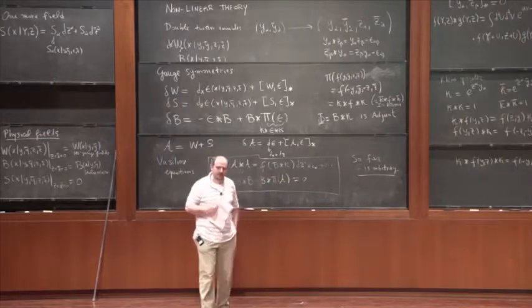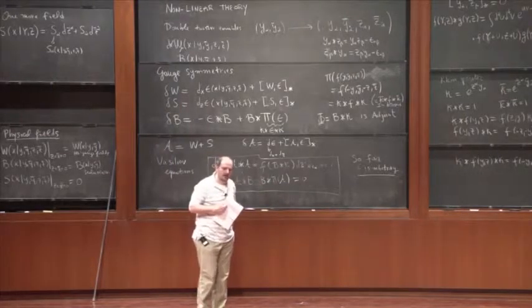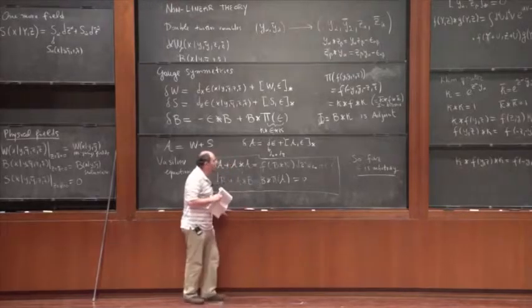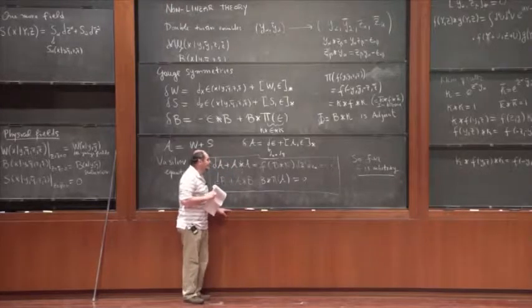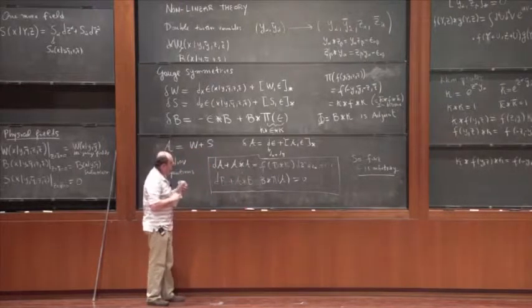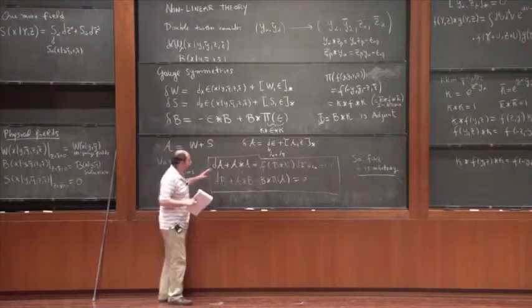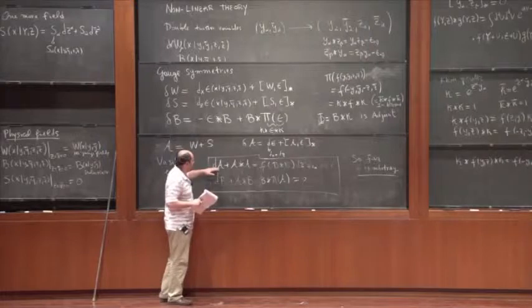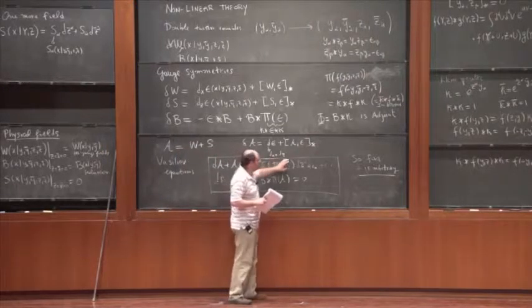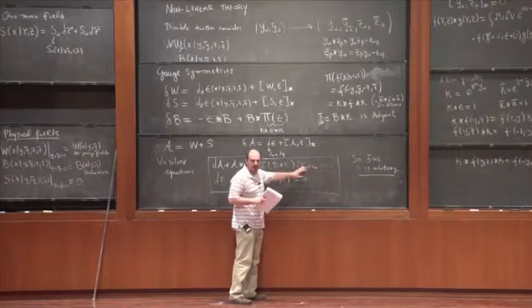Yes? Is it somehow clear that this is the most general? There is no proof, I think. But if you want to write down an equation which has here the curvature of A equal to something, then this something has to be some two-form.